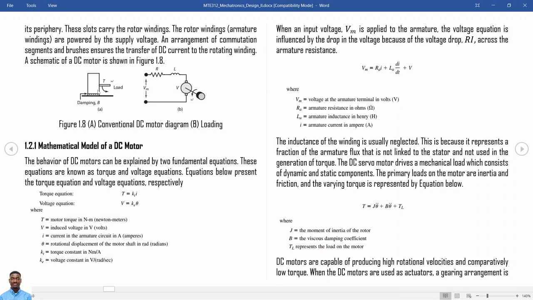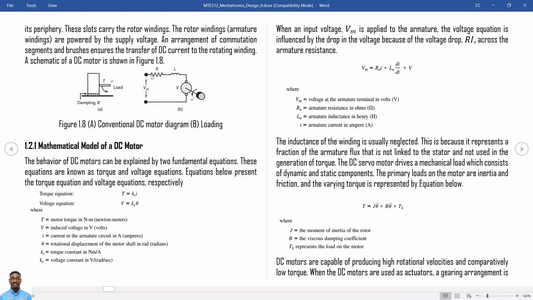Then you have a damping on your electrical side, which is denoted by your capital letter B. And this is the loading, whereby you have a voltage VM across your armature, which is your input voltage, and there will be voltage drop across your RL circuit, which is the armature.